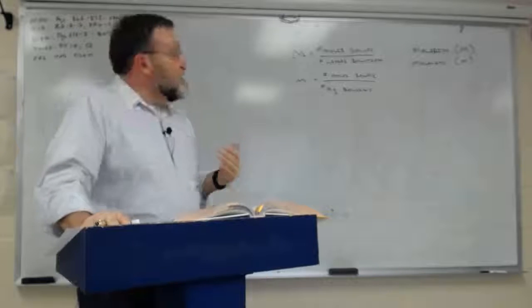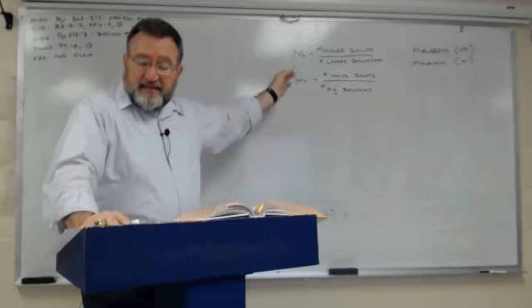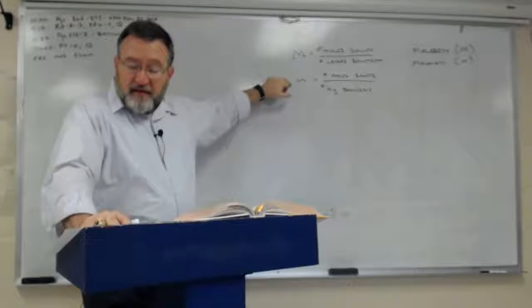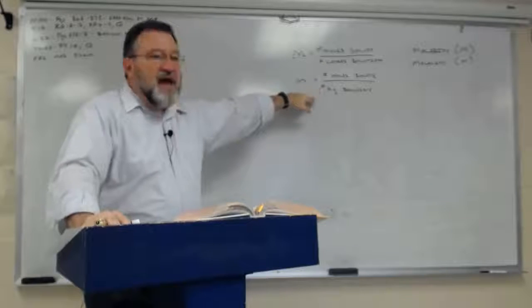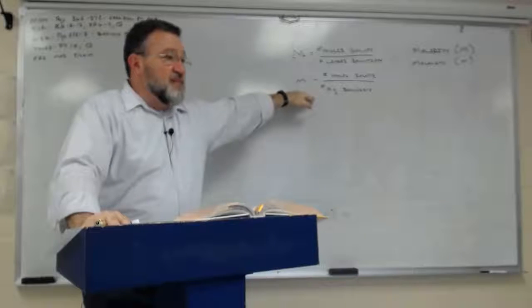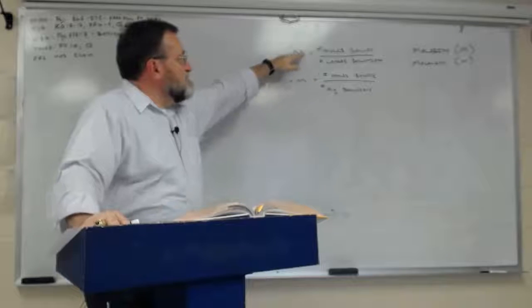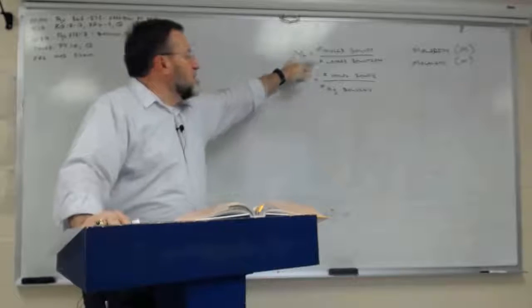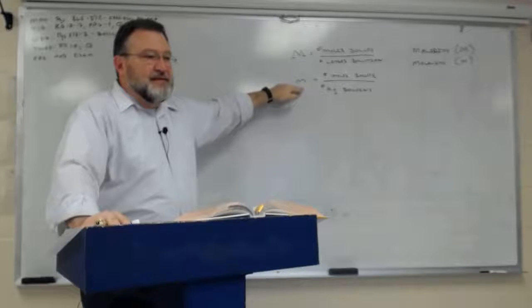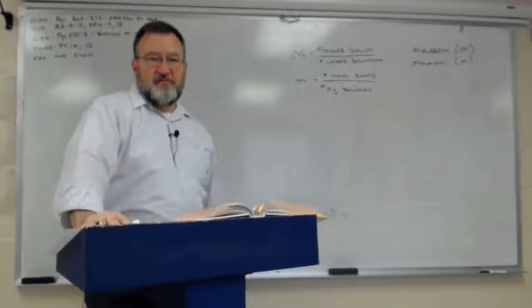I wrote this down in my notes: molality is the ratio of moles of solute to the mass of the solvent. This is the ratio of moles to the volume of the total solution. So molarity is volume, molality is mass.